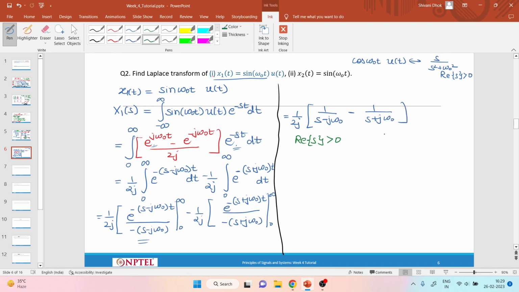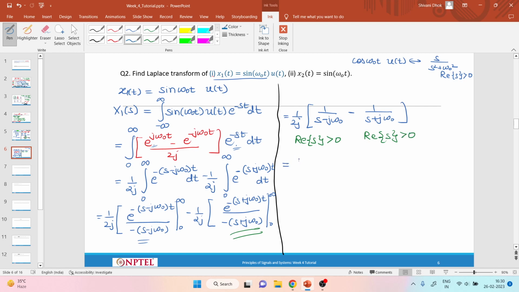Similarly, the second integral will converge, that is this e power minus (s plus j omega naught) t will lead to 0, only when my real part of s is greater than 0.